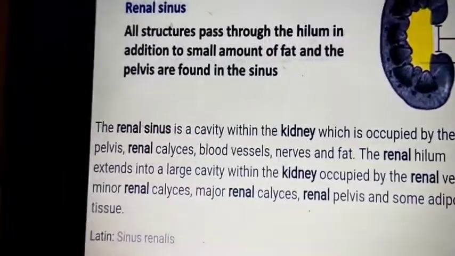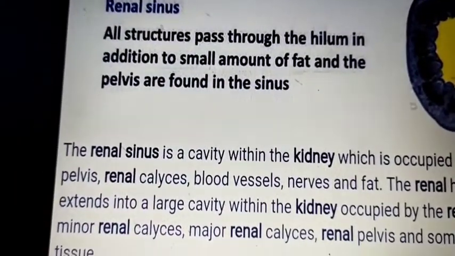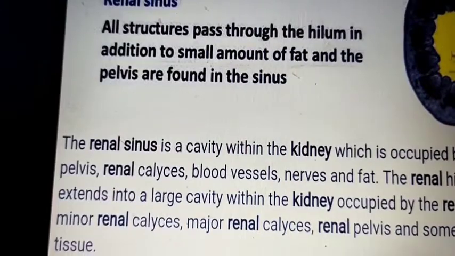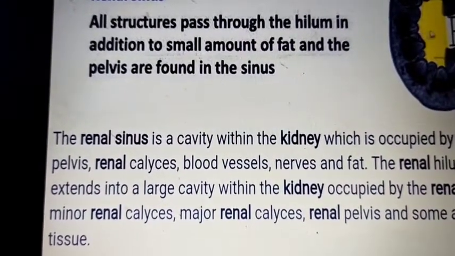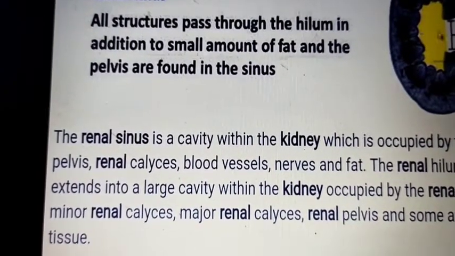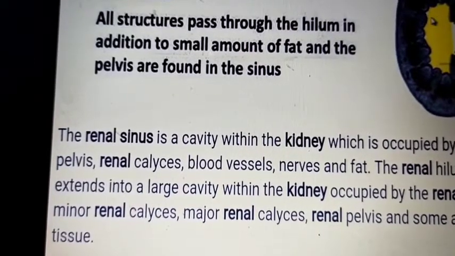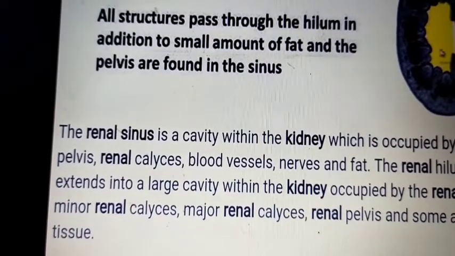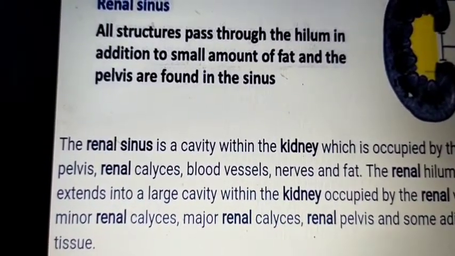In Latin it is called sinus renalis. This part is the sinus. Here the vessels enter: renal artery, renal vein, renal lymph nodes, and renal nerves are all present here. The minor calyx and major calyx are present, and the renal pelvis is formed here in the renal sinus.